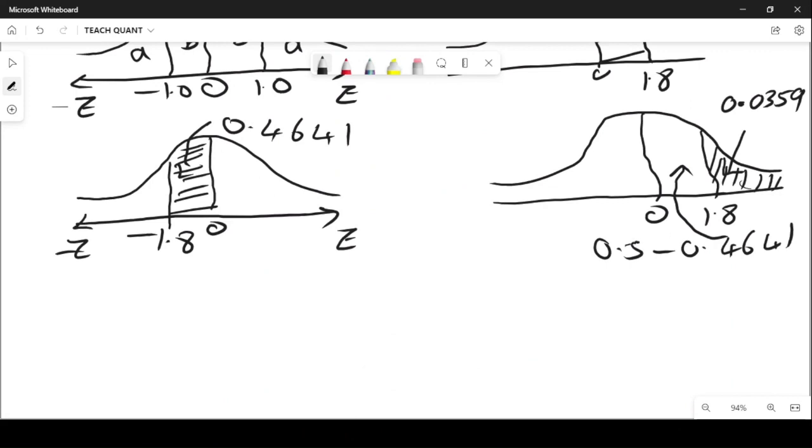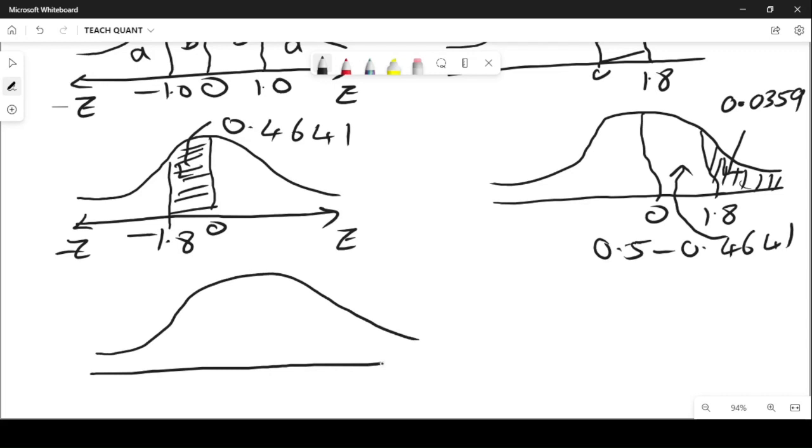Then finally, maybe you could be given a question like, the shaded part is what I am requiring, or what I'm interested in. So if I put 0 here, and maybe I put negative 1.75, so if I want the shaded part, the first thing is I have to know what is the area of this part here.